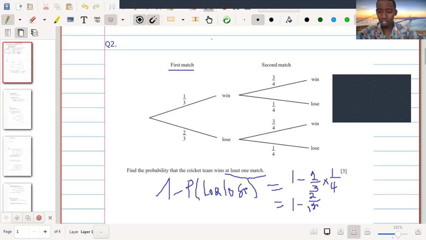Common denominator, this is 12 here. So 12 minus 2/12, which is 10/12.